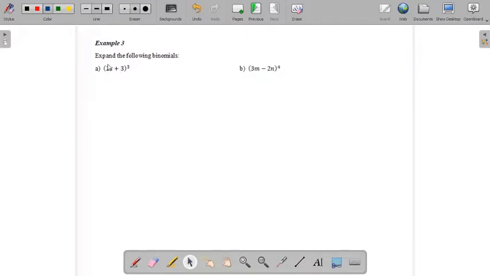What we need to look at now is this: this is our A term and this is our B term.